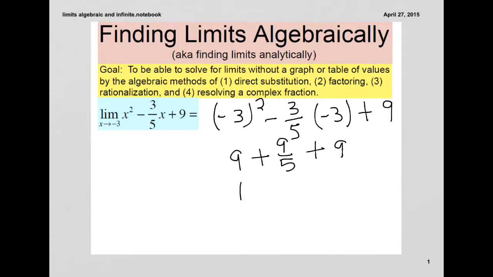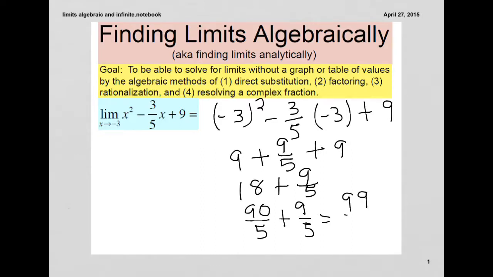So that's going to be 18 plus 9/5, which is 90 over 5 plus 9 over 5, equal to 99 over 5. So our limit as x approaches -3 of x squared minus 3/5 x plus 9 is equal to 99/5.